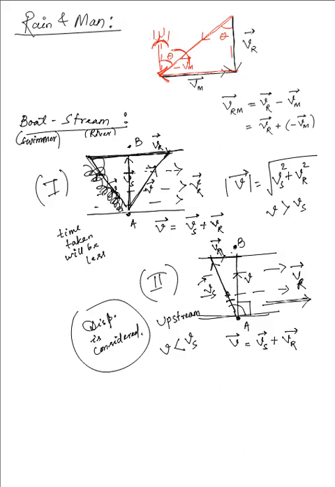So the least time case is the case where he is heading off exactly across the bank or across the river, while the least possible distance is when he has to move upstream. When he starts upstream is the time when he ends up with the least distance.